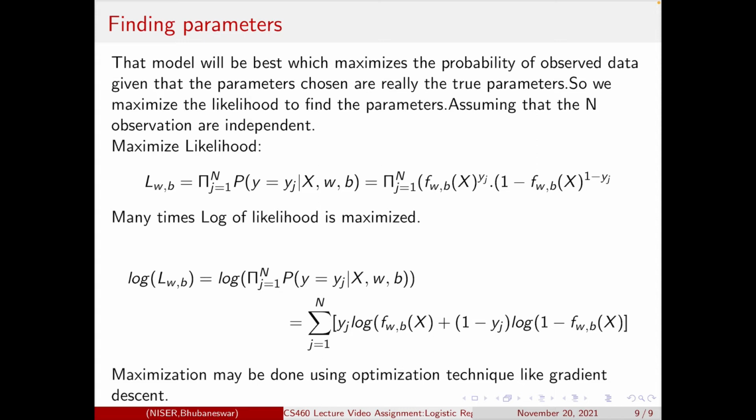What remains is to find the parameters so that this log likelihood is maximized. This is now converted to an optimization problem. This may be done using an optimization technique like gradient descent.